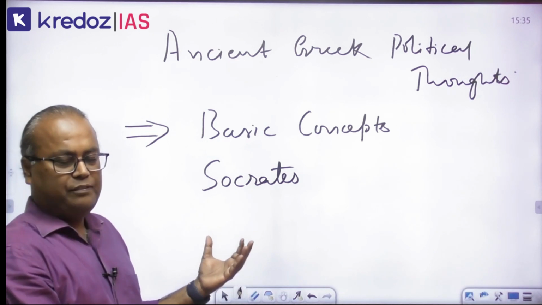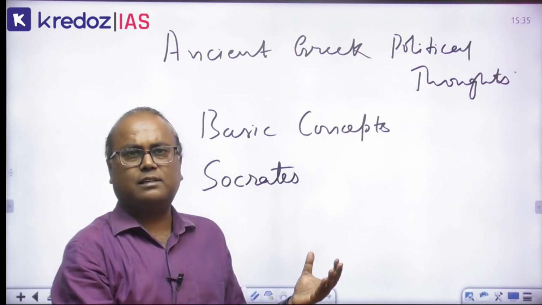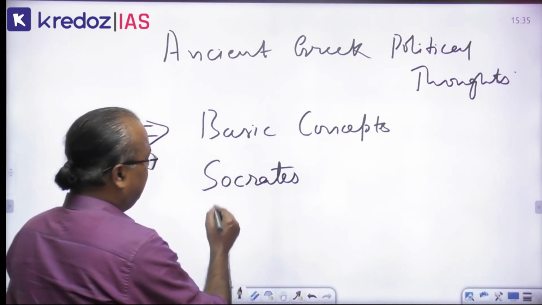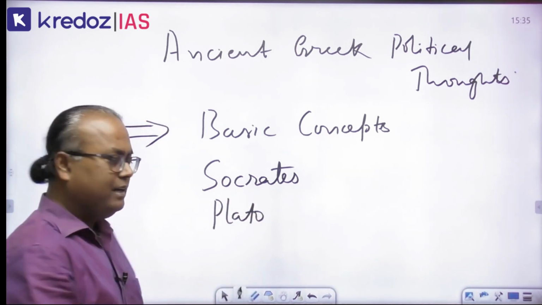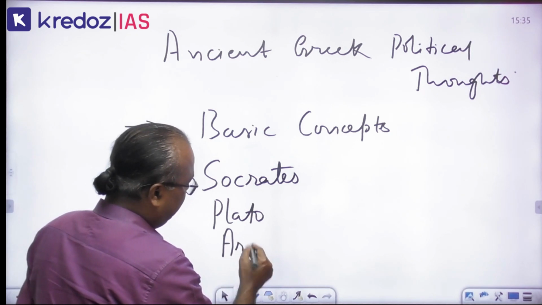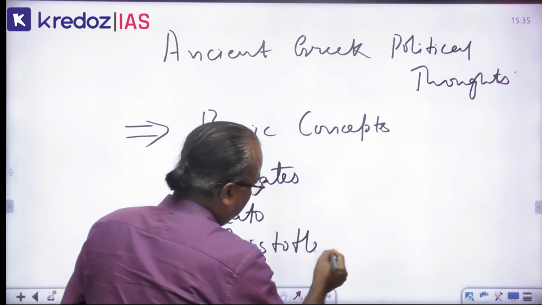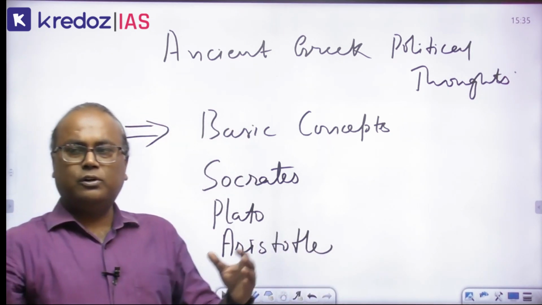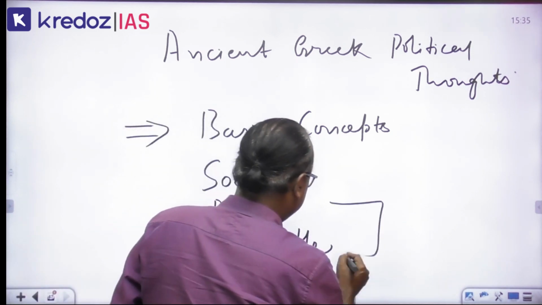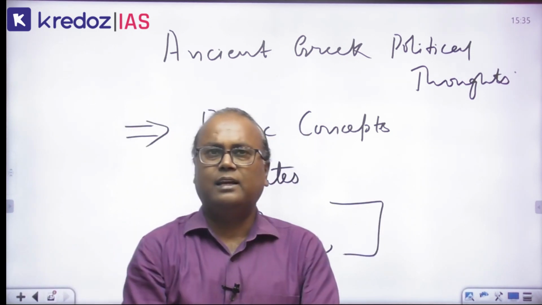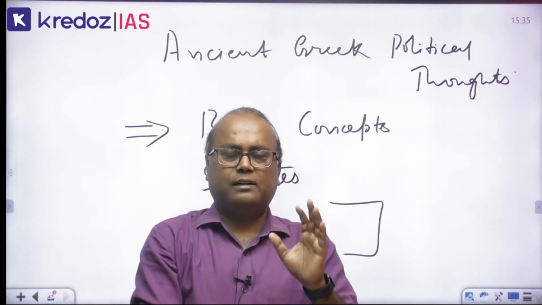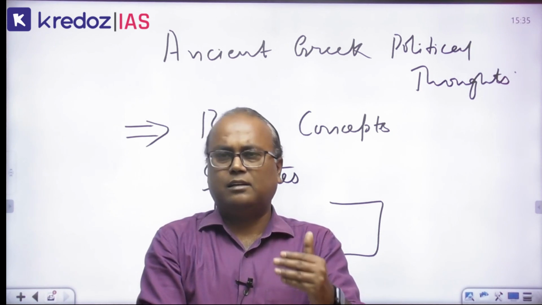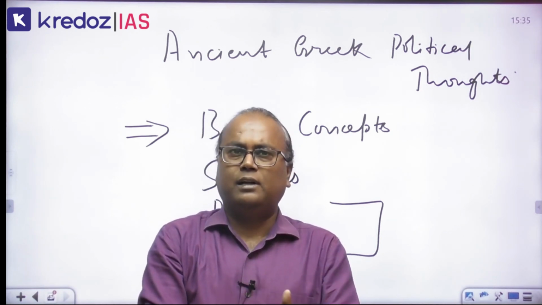Then after finishing Socrates and the topics related to it, we will go for Plato, one of the most important parts. Then we will go for Aristotle. We will compare Plato and Aristotle. This is the part of ancient Western political thought.